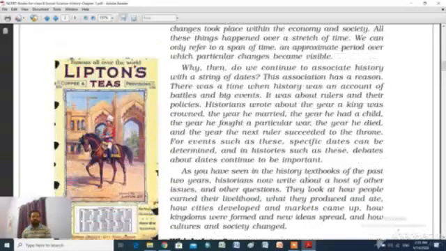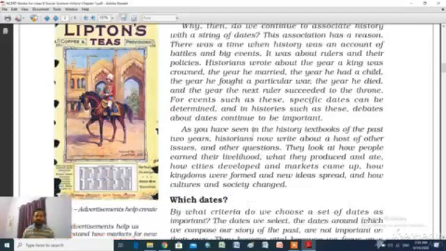So you can take a concept about the past from this advertisement. Historians do use this type of source to write their history.